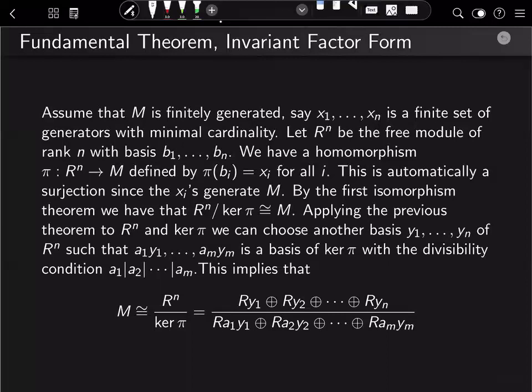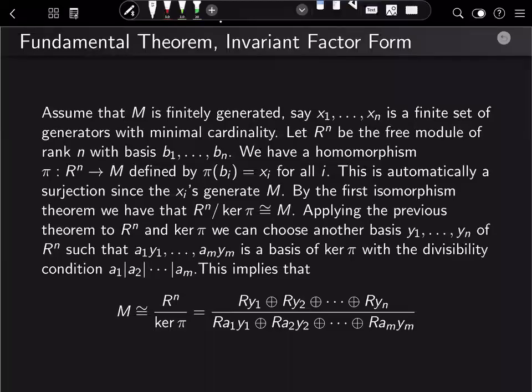So this implies that M is isomorphic to R^n mod the kernel of pi, but we know that R^n can be written as a direct sum, since the set y1 through yn is a basis. The same thing will happen for the kernel of pi, since we know it's also free with a1 y1 through am ym as generators, so we can also write it as a direct sum.